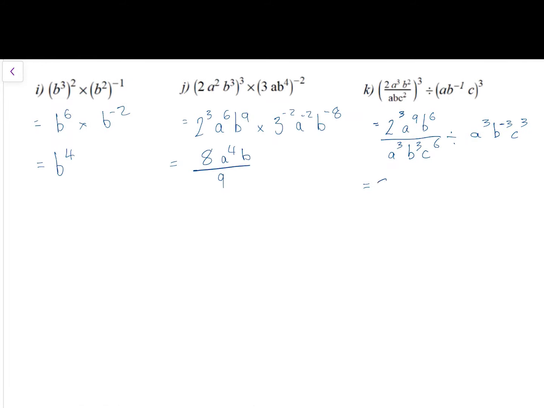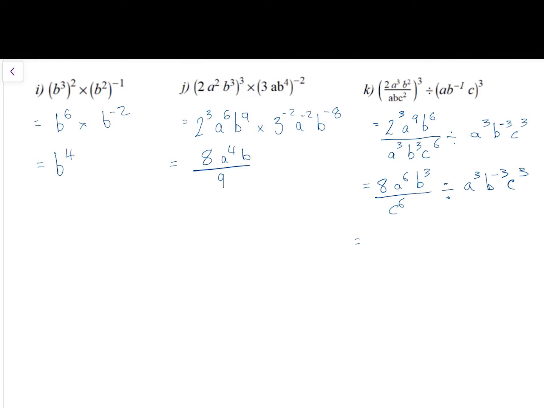Okay, so we have 8, a to the power of 6, b to the power of 3, and all of this over c to the power of 6. And we're dividing this by a to the 3, b to the minus 3, c to the 3.